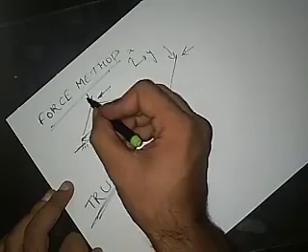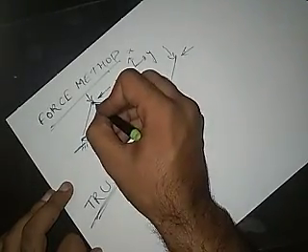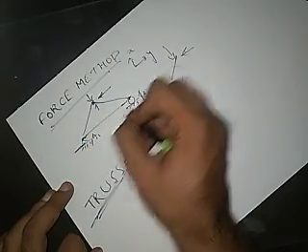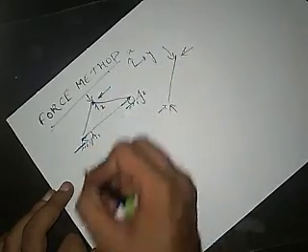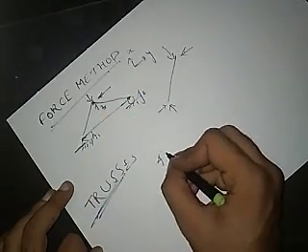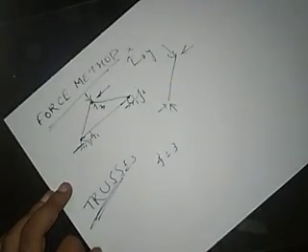All of these. So this is joint 1, joint 2, joint 3. These are three joints, say j equals 3.